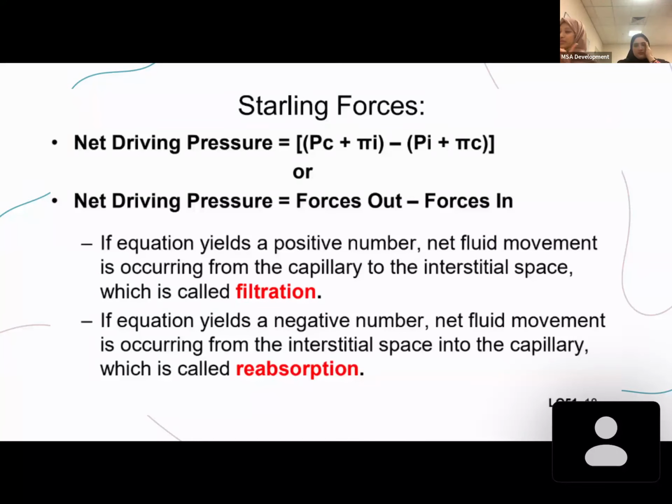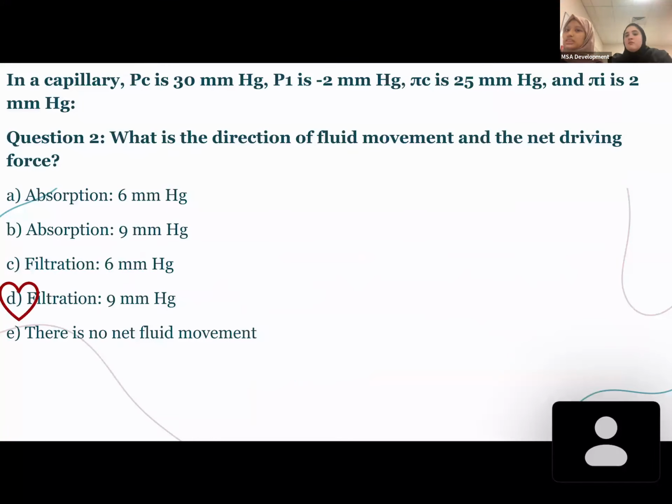If you subtract these two, you get a number. If it's positive, the blood pressure is more than the interstitium, so fluid goes out, which is filtration. If it were negative, for example -9, you would choose absorption, and it would go back into the blood. Is this clear for everyone?